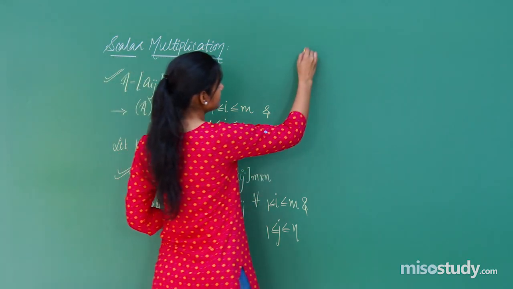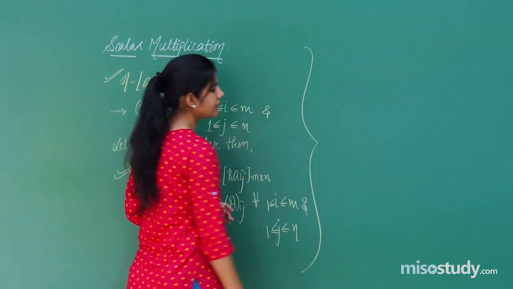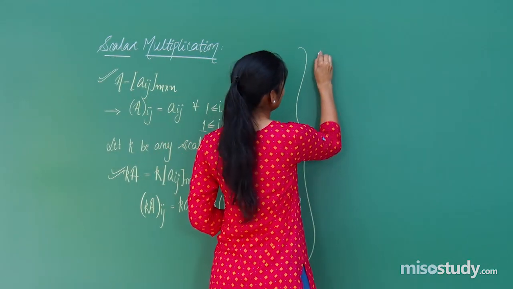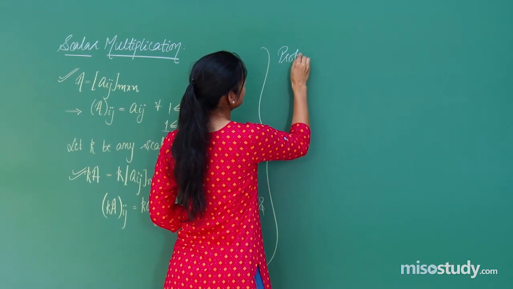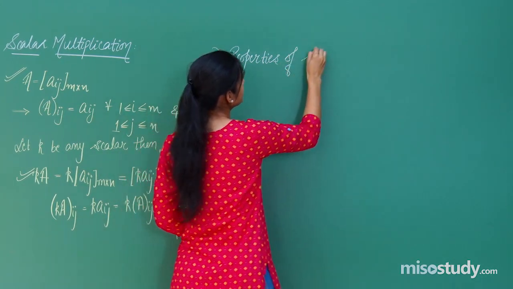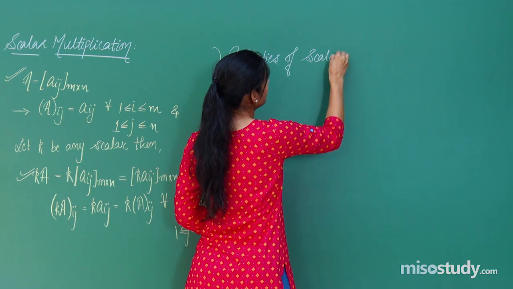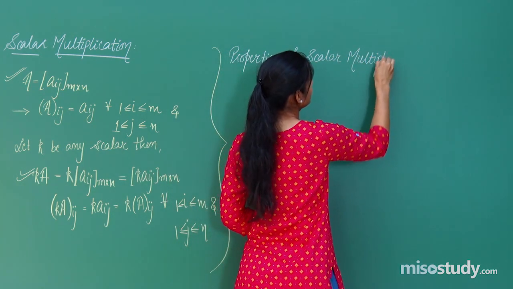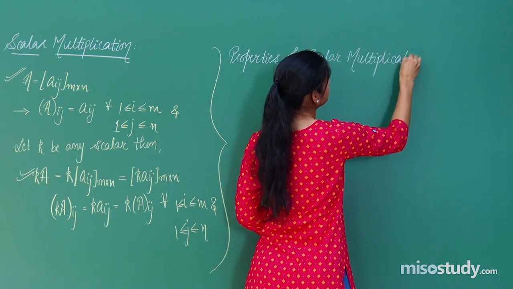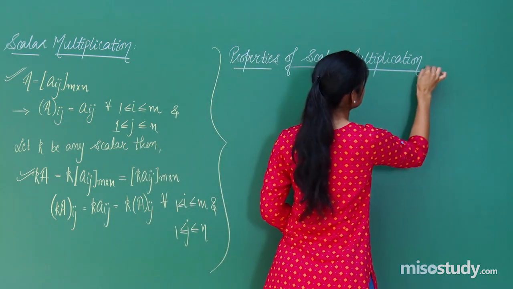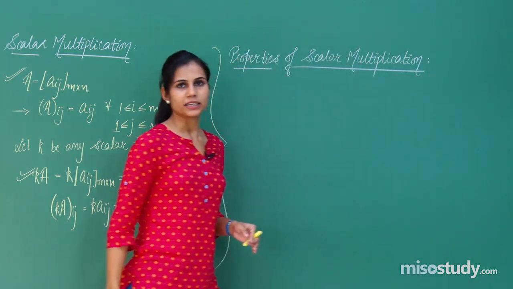After understanding this entire concept of multiplying a scalar by a matrix to create new matrices of the exact same order, we focused upon understanding certain properties of scalar multiplication.